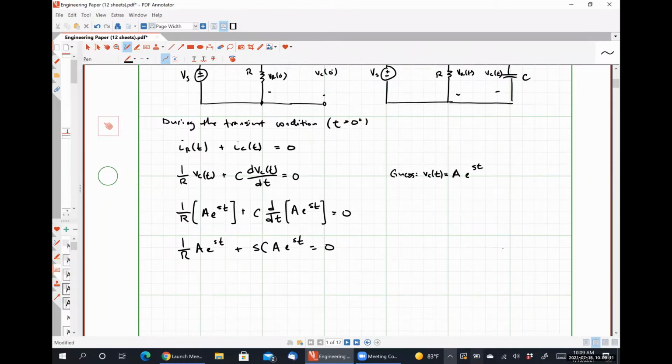And now we can group like terms. So we would get A times (1 over R plus sC) e^(st) is equal to 0.